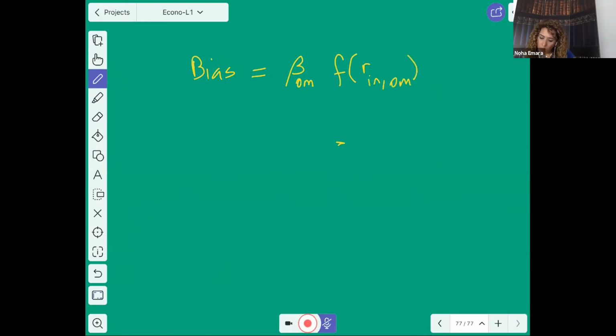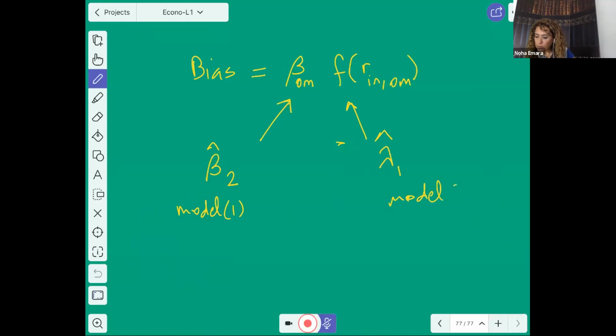In our model, you can think of beta omitted as being beta hat 2, and this function of the correlation is actually lambda 1. This is in model 1. This is in model 3. So the amount of the bias is related to how important the omitted variable is to the y, and how important the omitted variable is to the included variable.